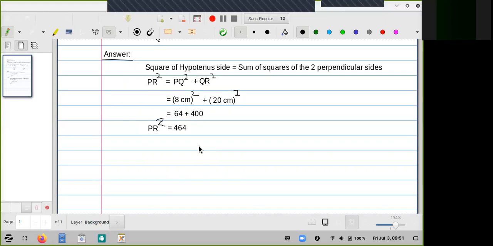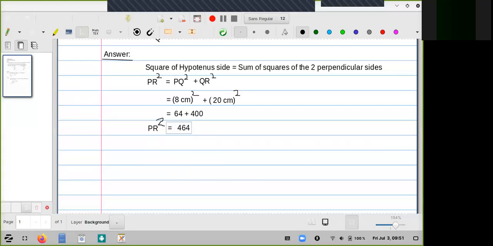So I must get rid of the square on PR squared. So for me to get rid of the square on side PR, I'm going to put a square root sign, which means I'm going to remove the square by putting a square root. So I'm going to put the square root sign on the two numbers that we have on either side of the equal sign.